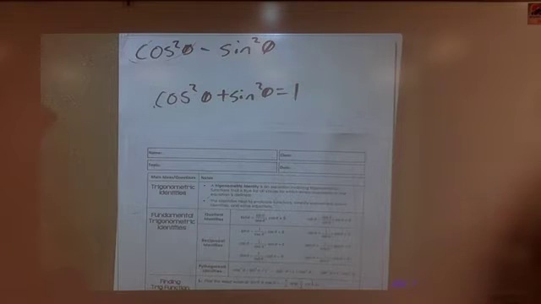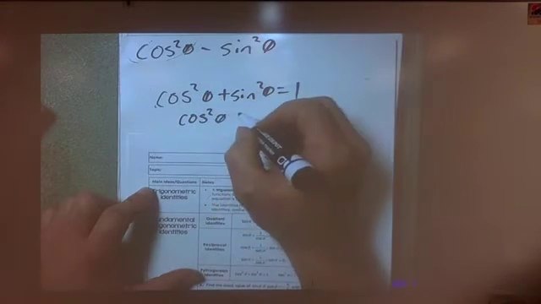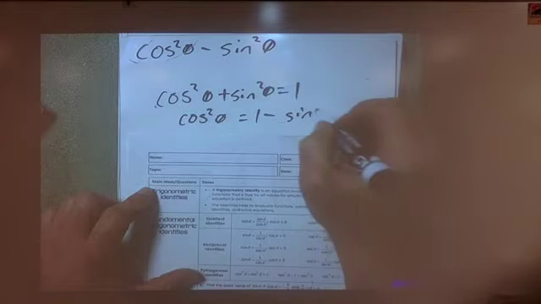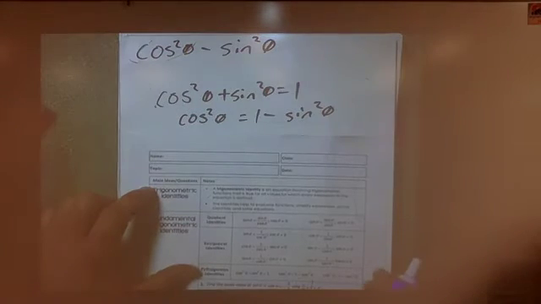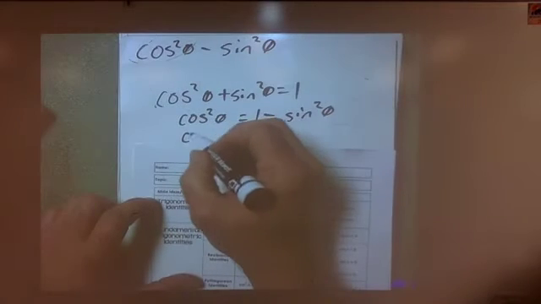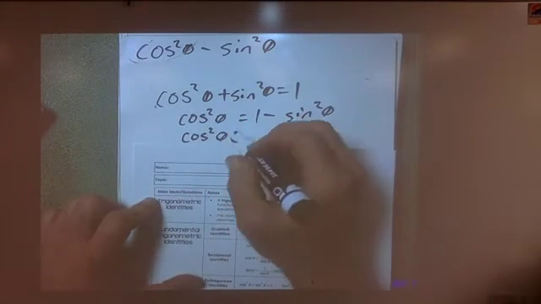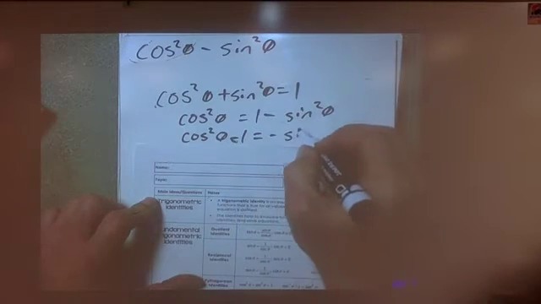I might have to come back to this one. Why can't I figure this one out? Let's try it. Let's subtract the sine to the other side, and we could subtract the 1 to the other side. Oops, so cosine squared minus 1 is equal to negative sine squared theta.